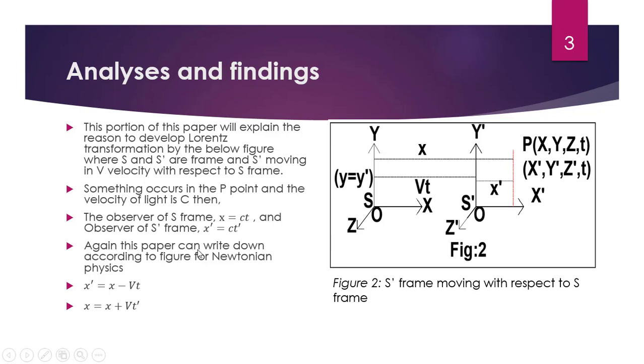Again, this can be written according to the figure for Newtonian physics. Thus x dash equals x minus vt, where vt is the distance the frame moves in that time, and x equals x plus vt dash.